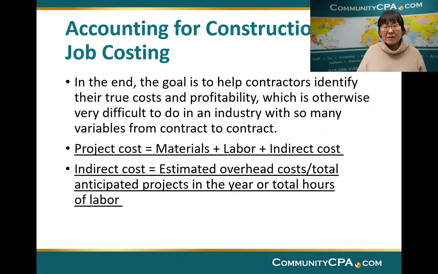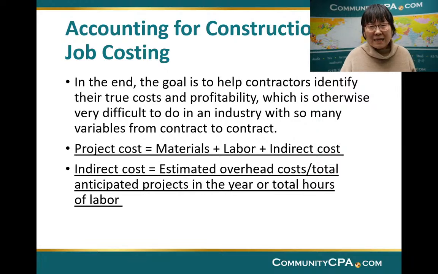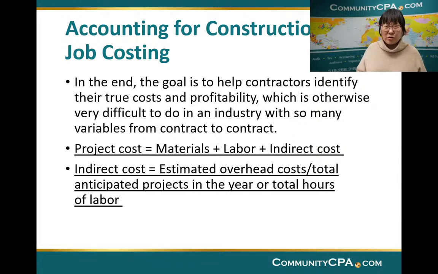And the indirect cost equals estimated overhead cost divided by total anticipated projects in the year, or total hours of the labor. So let's say you just have two projects in the year, one is $300,000, the other is $700,000, and say your total indirect cost, the money you pay to your CPA, the money you pay to Yin, is $1,000.